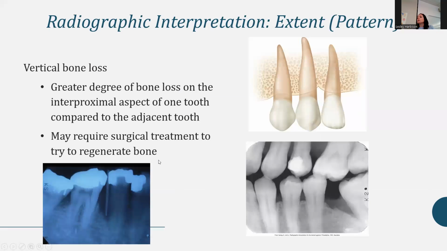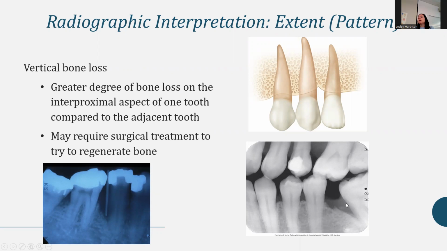And then vertical bone loss, you're going to see these steep inclines. But notice here how this CEJ and this CEJ are not perfectly even. So this tooth is tilted quite a bit, and some of that adds to the vertical bone loss appearance. I think this is still vertical bone loss, you would still consider it vertical, but you have to be aware of that when you're looking at two areas.